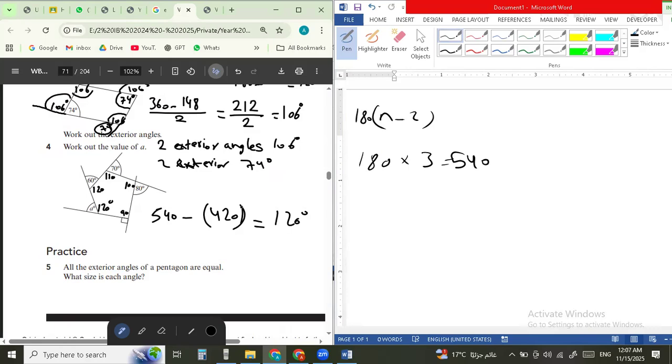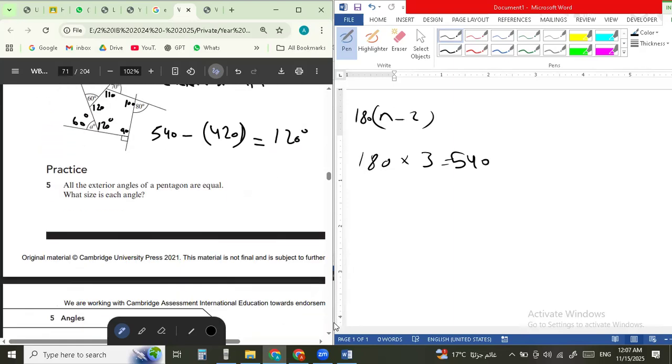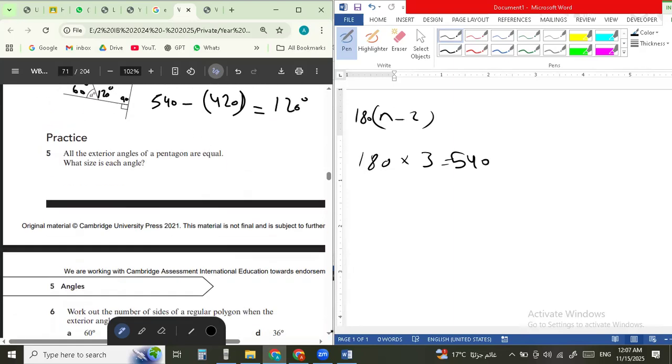So what is the size of A? 6 degrees, because exterior equals 180 minus interior. All the exterior angles of a pentagon are equal. What size is each angle? Well, what is the size of the interior? If I know right now that the pentagon is 540, we've just done it, right? 540 divided by 5 is going to give me the interior.